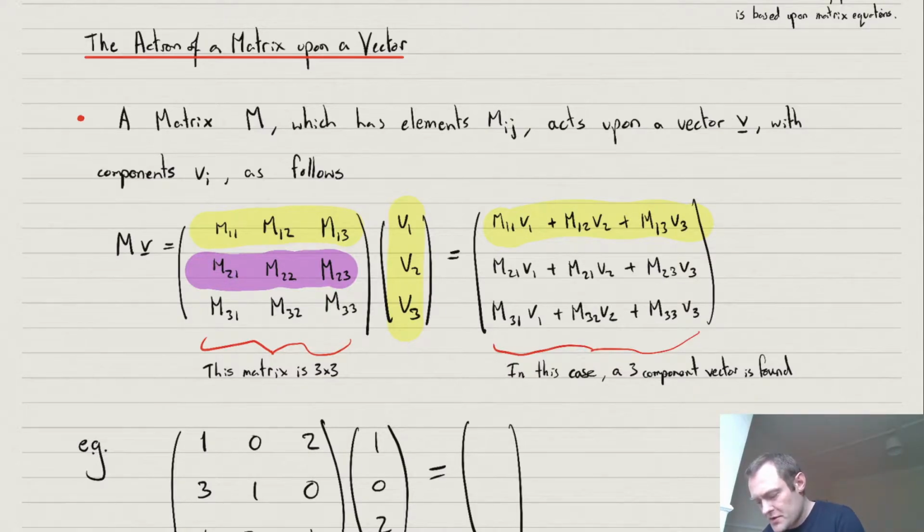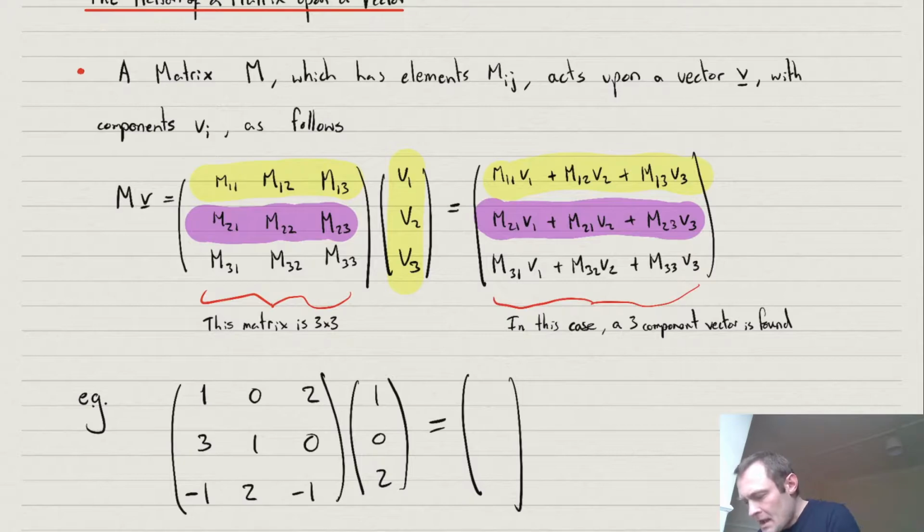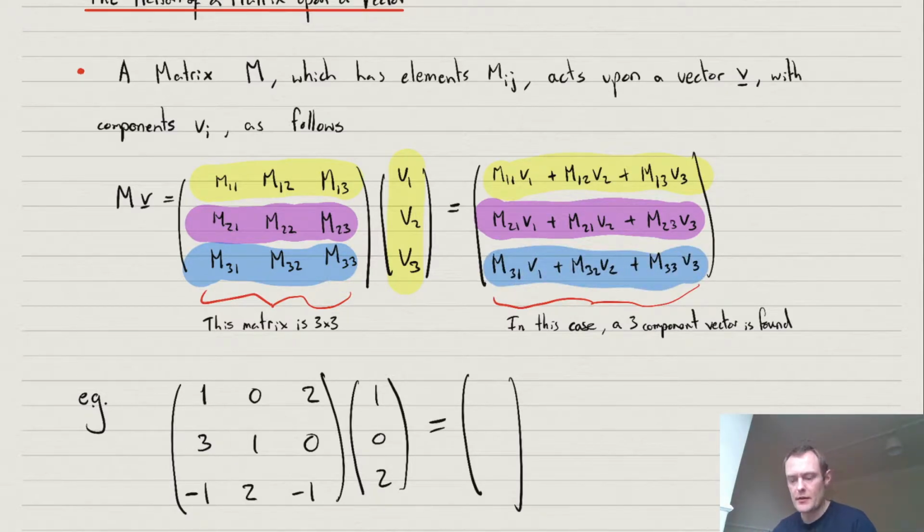So m21 times v1, m22 times v2, m23 times v3, and the result of that goes in the second row. And finally, you can tell what's coming. The final row, m31 times v1, m32 times v2, m33 times v3, and the result of all of that goes in here in the final row.